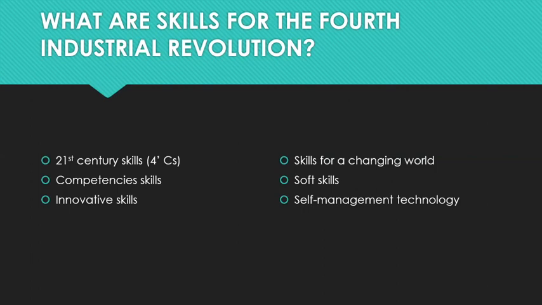And you have to check the competency skills, innovative skills, skills for a changing world, soft skills, and self-management technology. So when you check this, 4IR is not only about technology, it integrates a lot of skills. Many people will say that 4IR is about using robotics, about doing this and that. No, it is about a lot of skills that I mentioned here, soft skills particularly, self-management technology, and so forth.